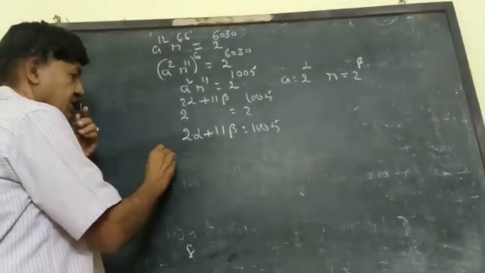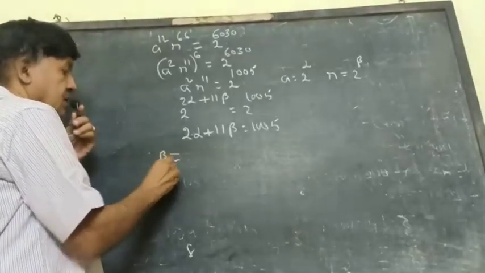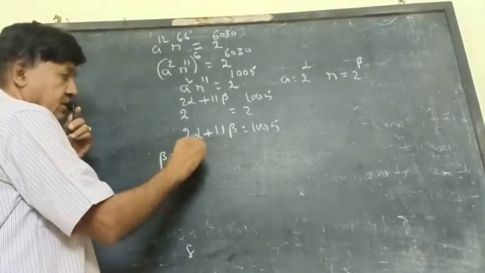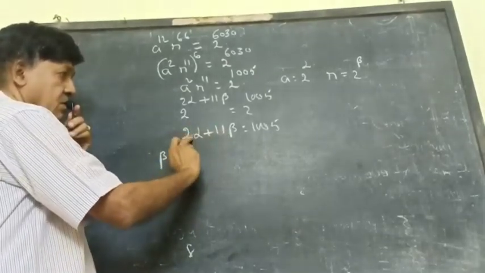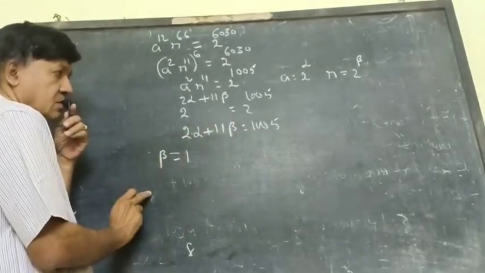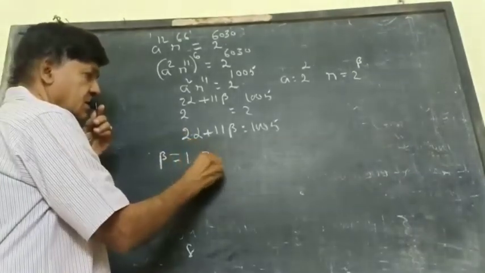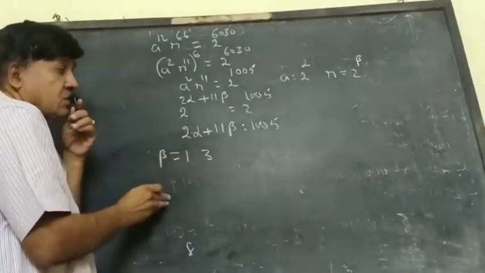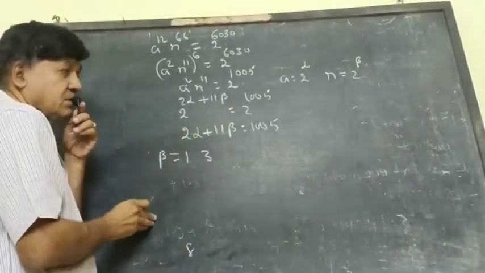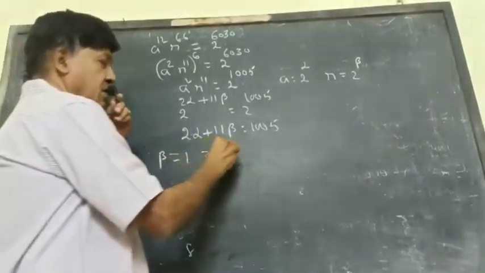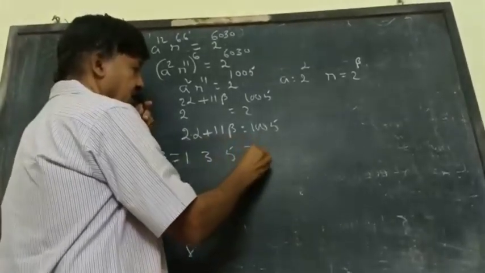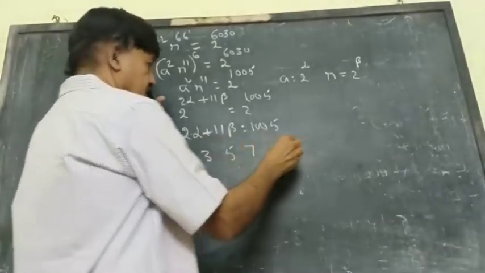So first fix the beta values. If I put beta equal to 1, 2 alpha is equal to 994, so it is possible. Next beta is 3. Beta cannot be 2, because 2 alpha will become odd. Beta is next 5, 7. What is the maximum we can have?